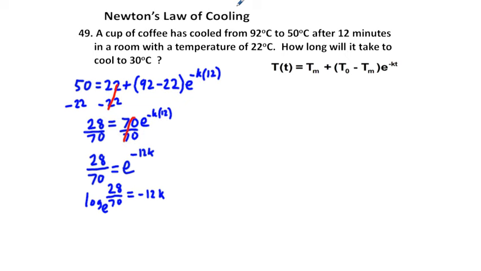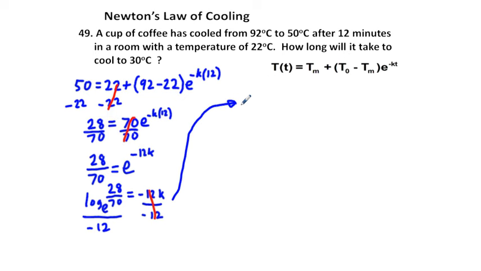And now dividing both sides of this equation by negative 12, you have cancellation here, so we have k isolated. I'm going to go ahead and come up to the right and up a little bit here.